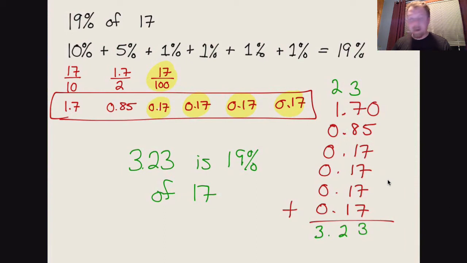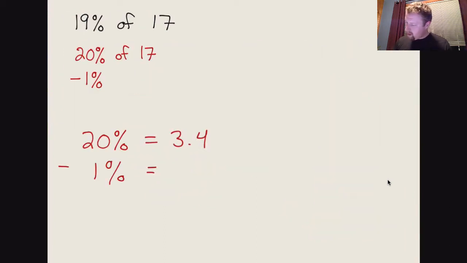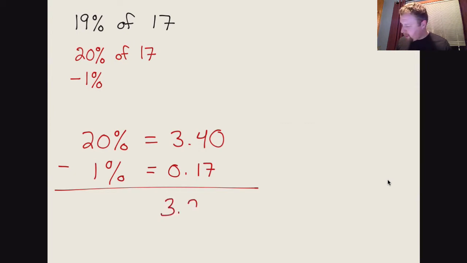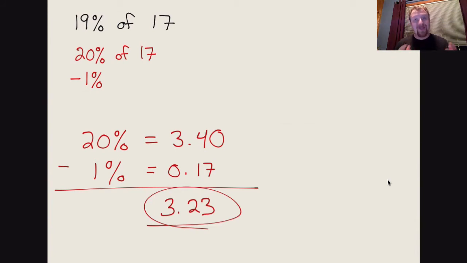It's when we took 17 and divided it by 100. Then I've got 0.17. And when I subtract those two numbers, I get 3.23, which is 19% of 17.